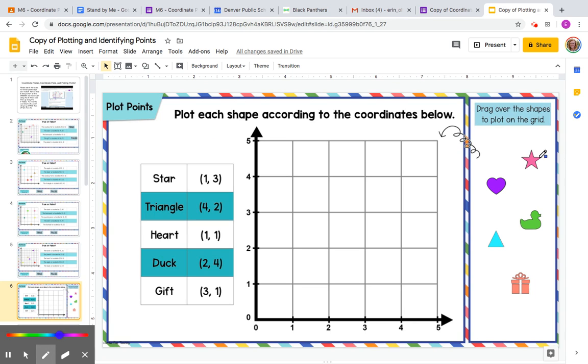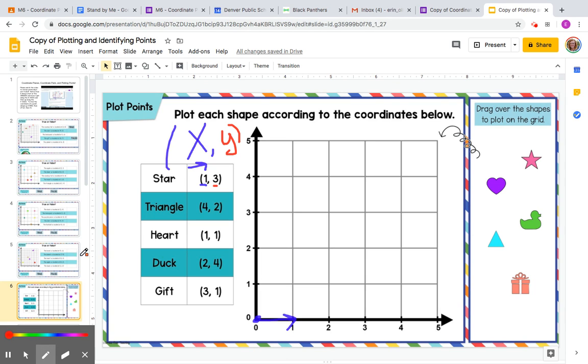Our star, which is right here, has to be plotted at 1, which is our x, and then 3, which is our y. So we have to go over 1. So we start at our origin, point 0, 0, and I go over to 1.